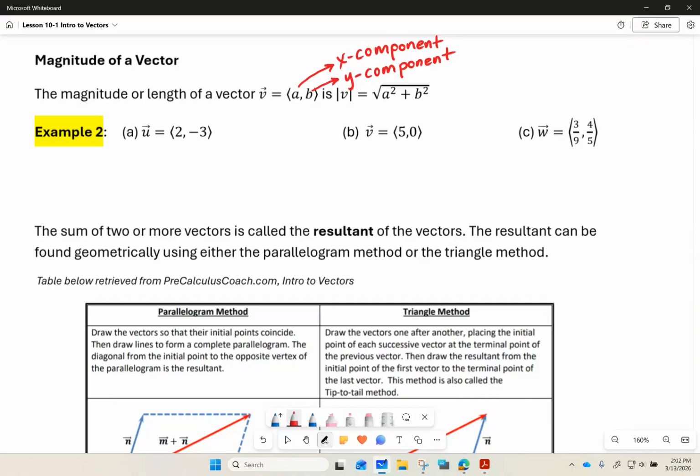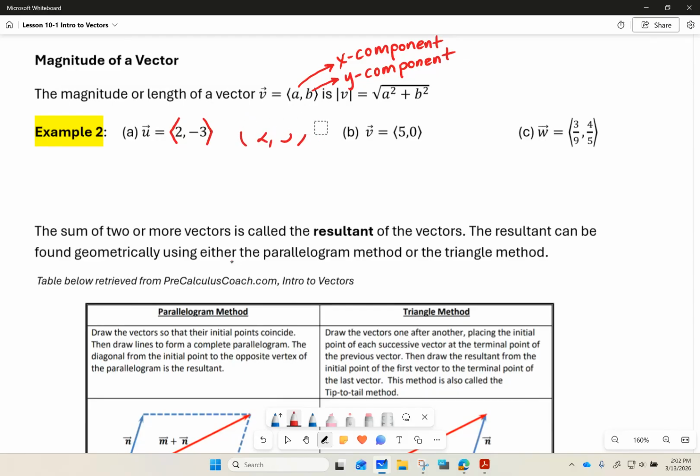So let's look at 2 and -3, okay? Notice how they are denoting this. Vector u is equal to ⟨2, -3⟩. Notice that they're using these pointed parentheses, okay? So please don't mistake that for (2, -3). (2, -3) is a point.